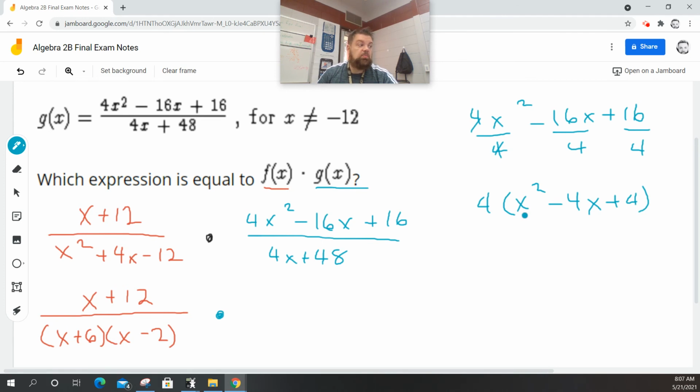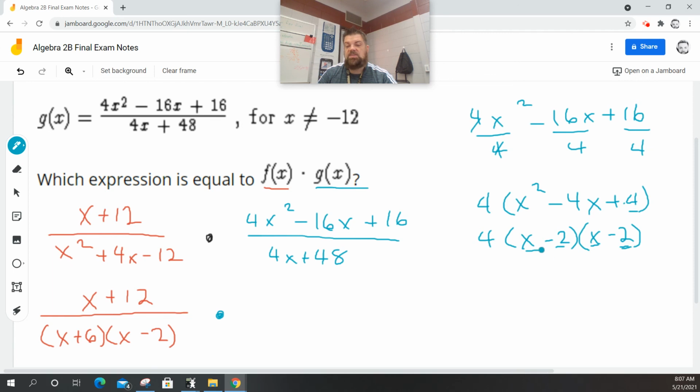Now, the problem is, what is this? Well, this can be factored into x minus 2 times x minus 2. And the same reason, negative 2 times negative 2 gives me the positive 4. Negative 2 times x gives me a negative 2x.